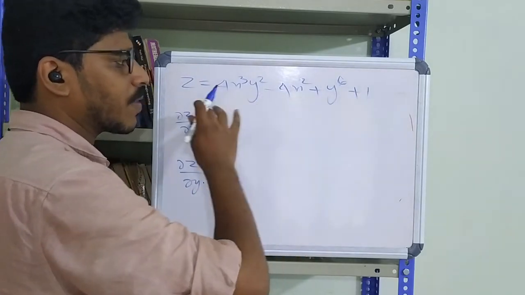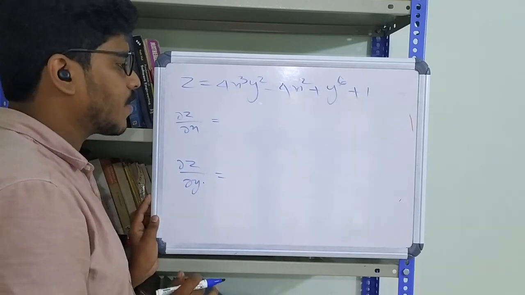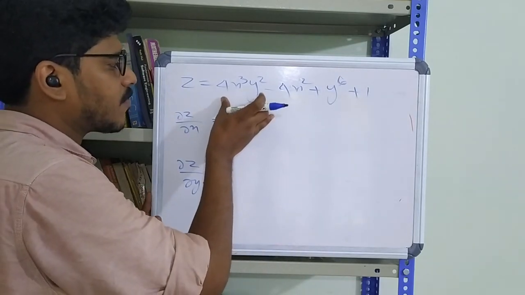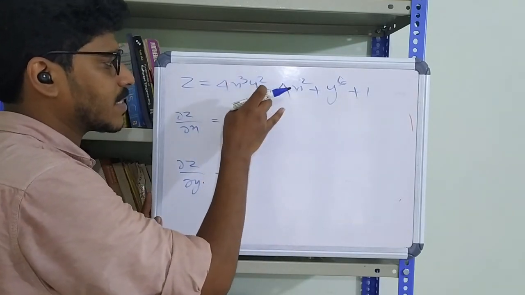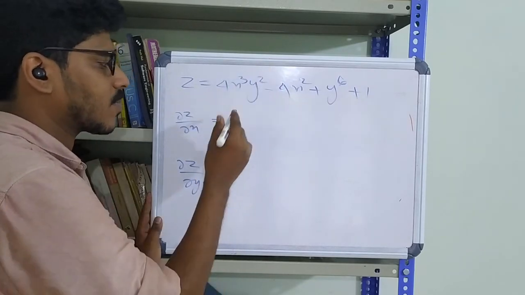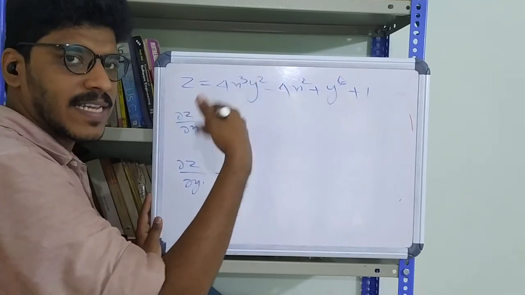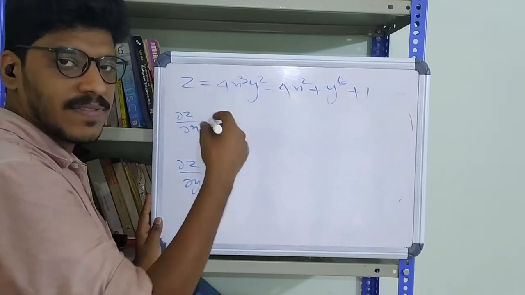So this is a polynomial-like structure, so we can simply differentiate term-wise. What is the derivative of the first term with respect to x, keeping y as a constant? If y is constant, y square is constant. So 4y square is a constant. 4y square into x cube will have the derivative 3x square, since we are differentiating with respect to x.